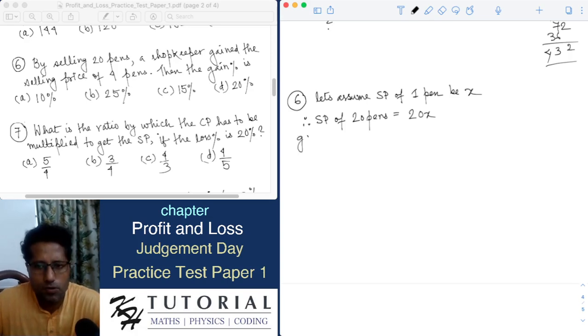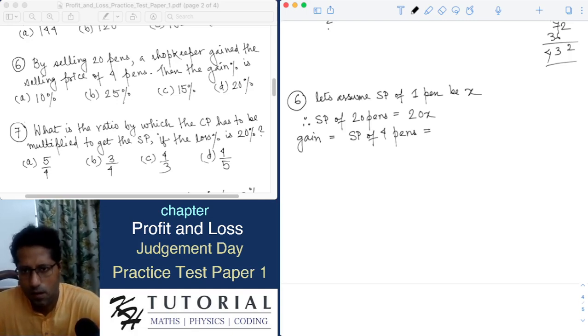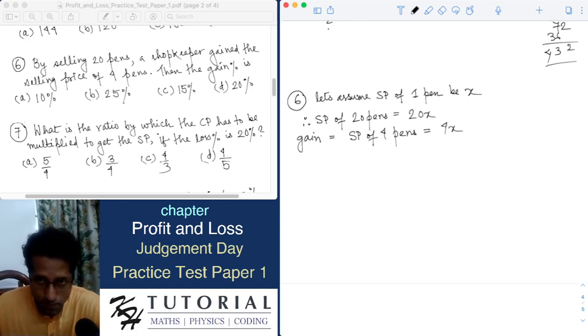Now, it is also given that the gain is the selling price of 4 pens, which should be 4x, because the selling price of 1 pen we have assumed to be x. So the selling price of 4 pens is 4x.